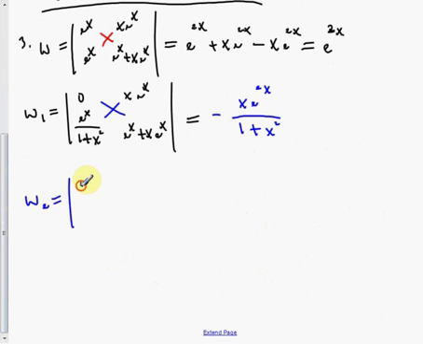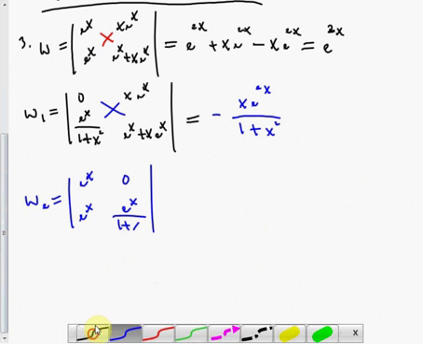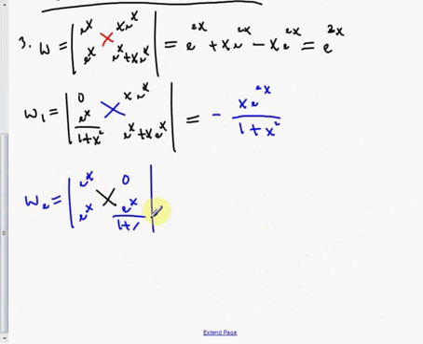W sub 2, e to the x, 0, e to the x over 1 plus x squared. So here this gives us e to the 2x all over 1 plus x squared.